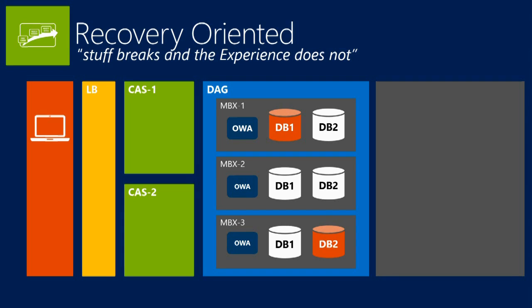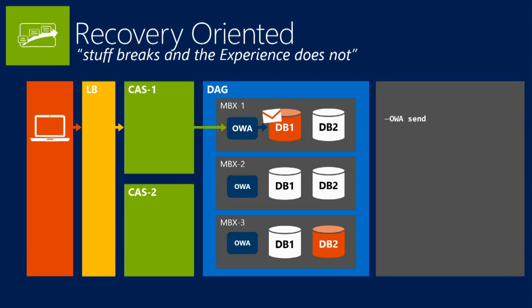So again, managed availability is mimicking the user experience. So it will, for instance, invoke what we call an OA send internally. Managed availability will open its mailbox via the OA protocol. So it'll do the same name resolution that a user would do in the organization. It'll resolve that to the load balancer. Once the load balancer hands it off to a CAS, the CAS server will authenticate that internal user.